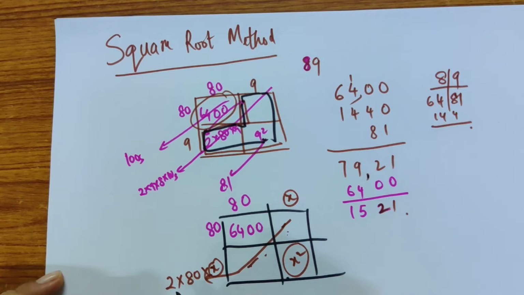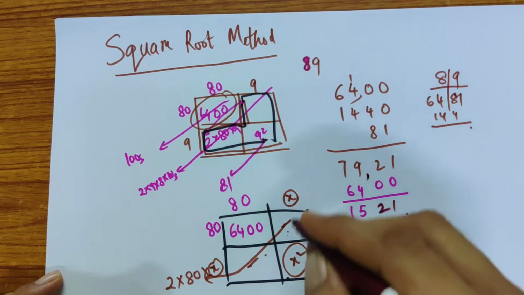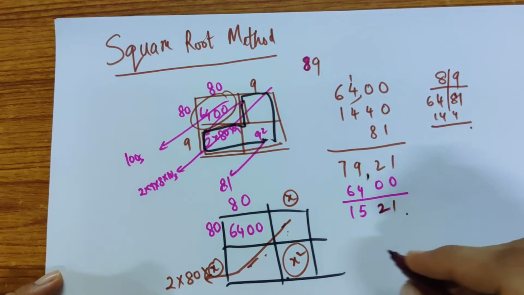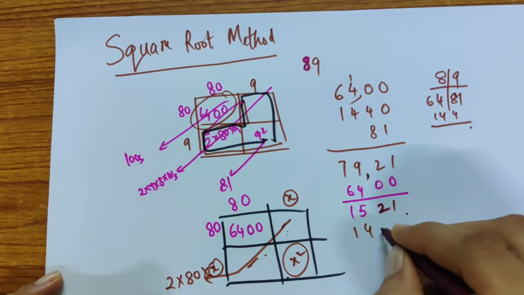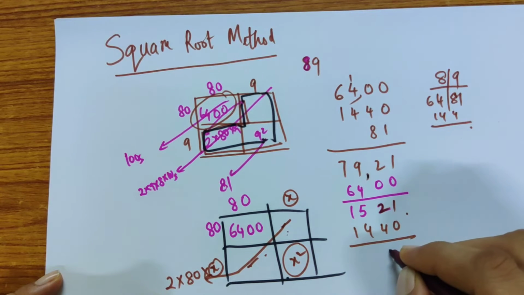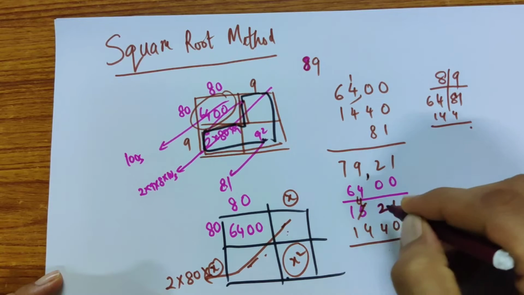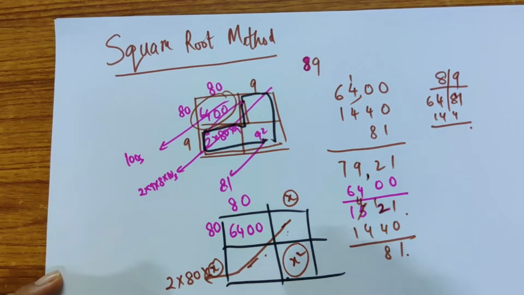So that is, of course, 160, and 160 you don't want to exceed it, so you use the 9, so that will become 2 times 8 times 9, that was a 1440, and you will be left with 1521 minus 1440, 81, and that's the x square.